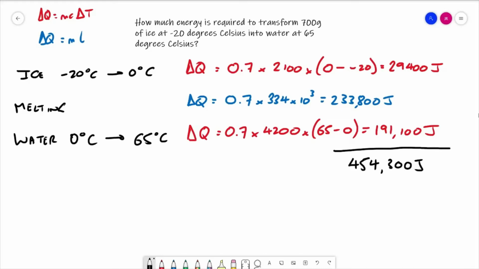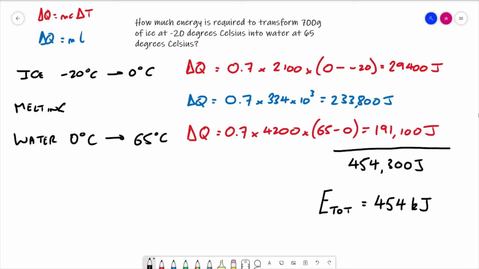That's fine for the intermediate calculations, but I'll probably end up turning that into a total energy of 454 kilojoules. Now again, you can see from an illustrative purpose there, so we're taking ice at minus 20 all the way up to water at 65 degrees C, takes 454 kilojoules, and just over half of the energy required came in the melting of the ice into water.